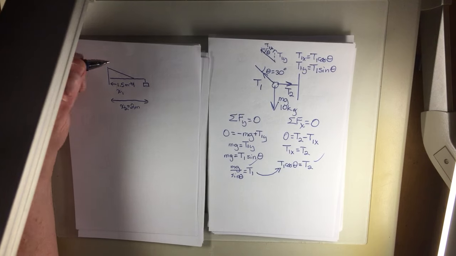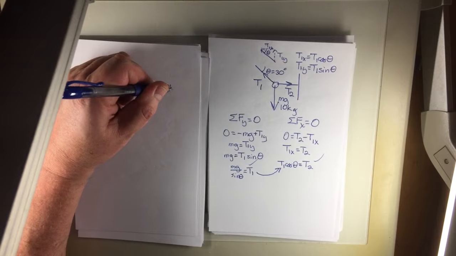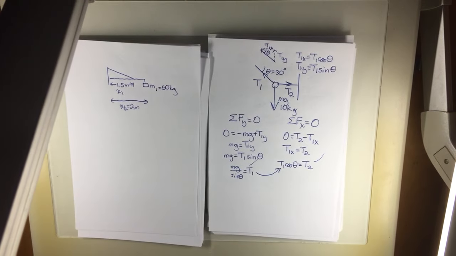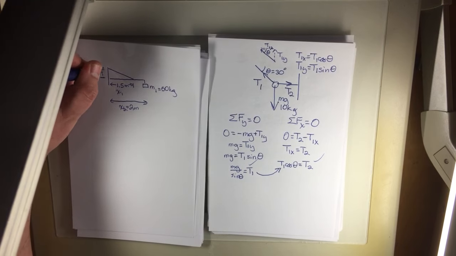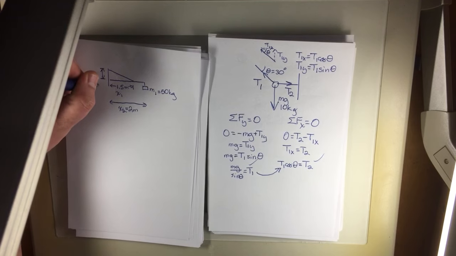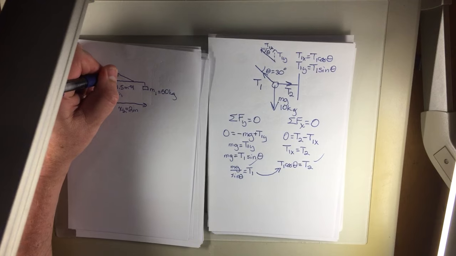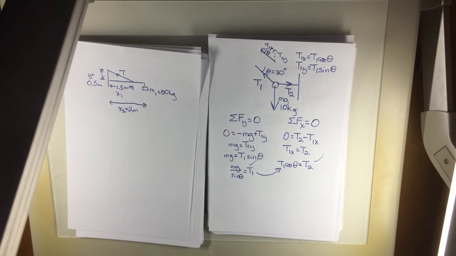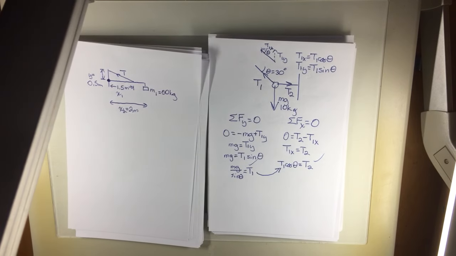Hanging from the end is a mass of 50 kilograms. The height, or change in y here, we'll call y, is 0.5 meters. I want to know what is the tension of that string. We're going to use the pivot point to be there.